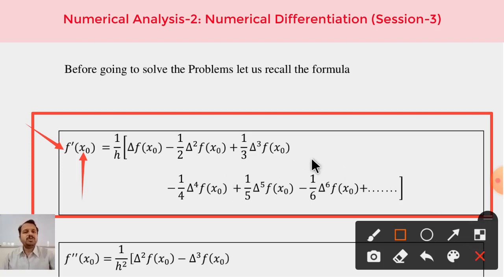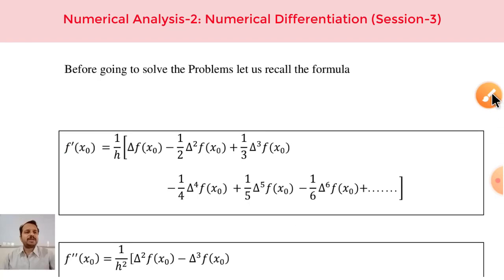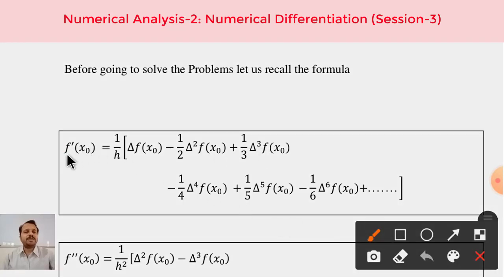Now we will be using this particular formula to solve the numerical examples. So what is the formula in fact? The formula is to find the value of f dash at the point x equal to x0, that is the initial point, and the formula is very simple, 1 divided by h. Here h is the step size.